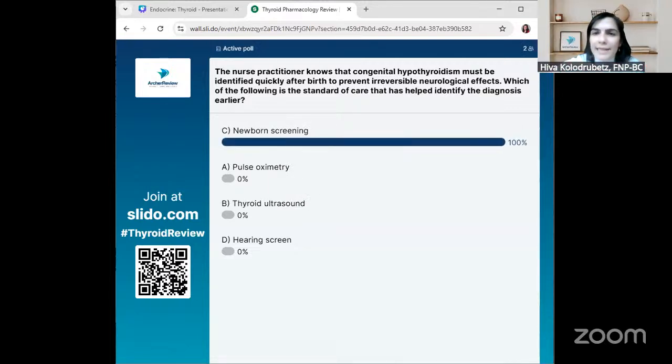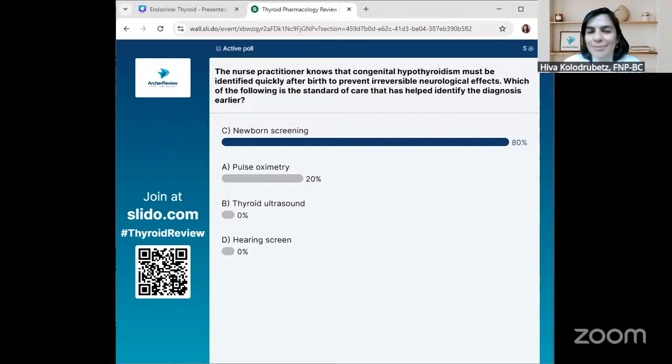So how are we going to be screening for this congenital hypothyroidism? Remember, the screening is going to be important. And this is typically standard of care, but we'll talk about this as well, depending on your state. I see some people are thinking about it.